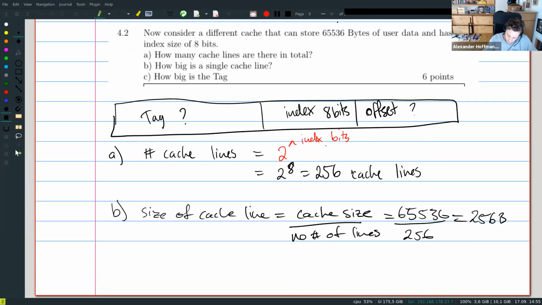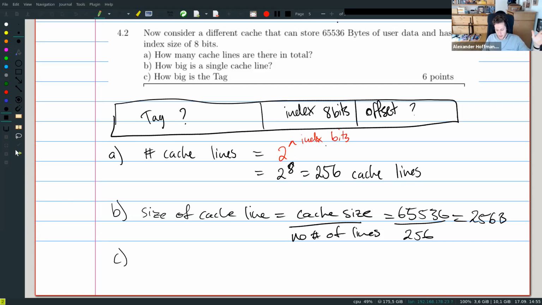Okay, and so now we should be able to figure out C. So what's missing for us to figure out the tag? What don't we know? Well, we kind of do know it already. Exactly, we know the size of a cache line.